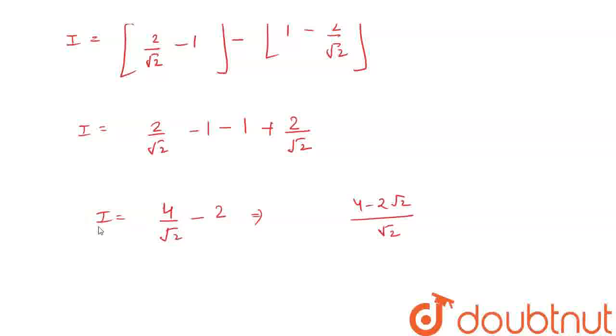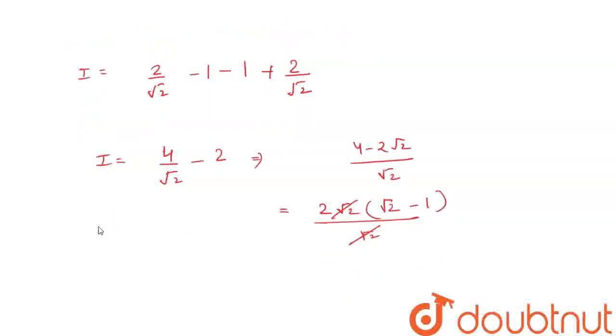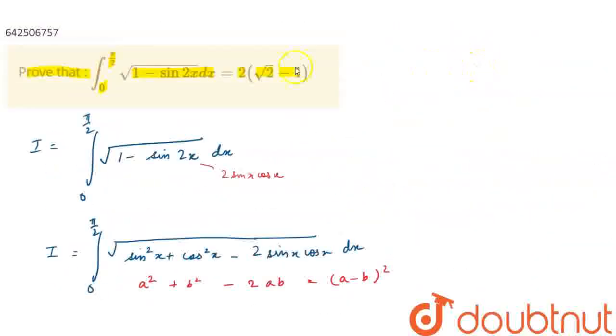Now if we take 2 common, we have root 2 minus 1 upon root 2, and this root 2 and root 2 will get cancelled. So we have I equals 2 root 2 minus 1. So this is what we had to prove in the question, which is 2 root 2 minus 1.